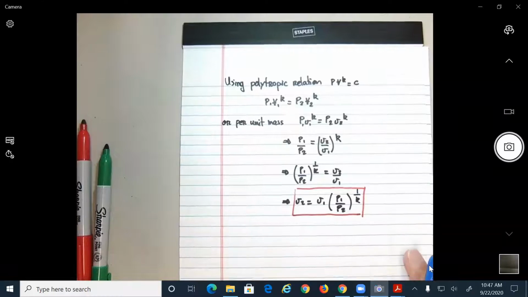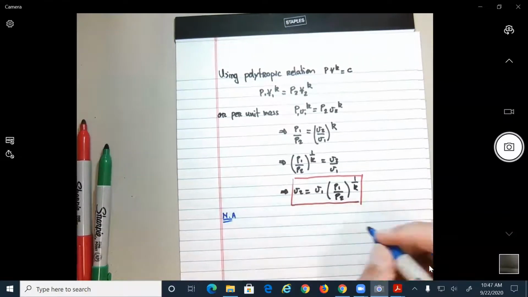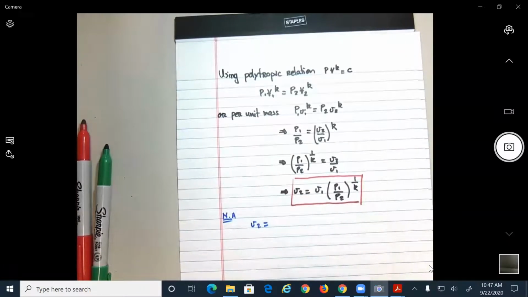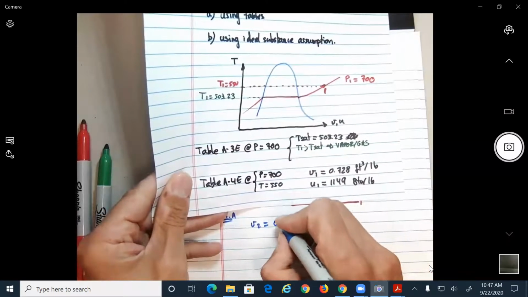All right, so we can do the numerical application. This will give you V2. What do we have for V1? V1 we find to be equal to 0.728, if you remember, right here, 0.728.